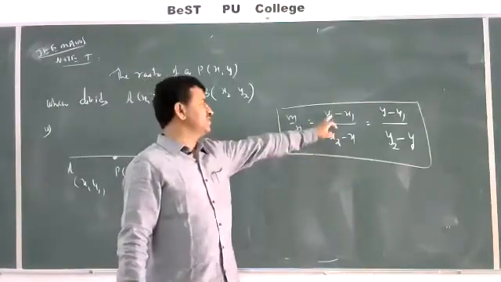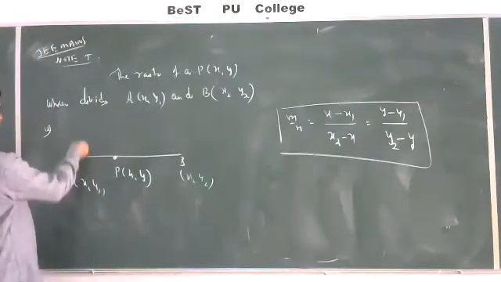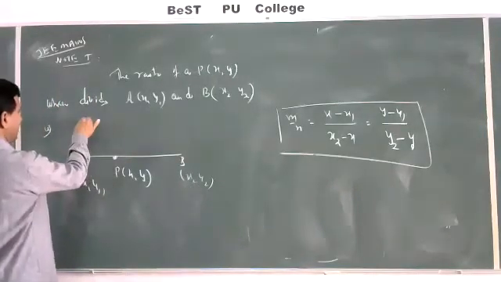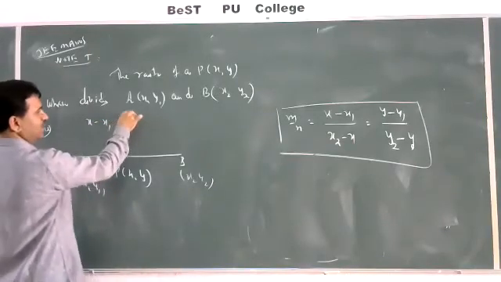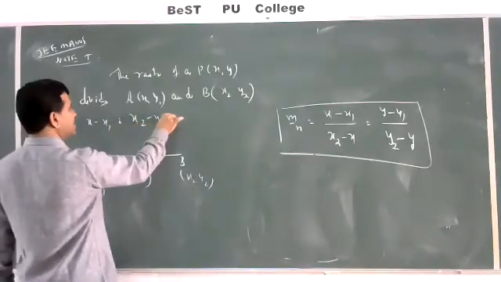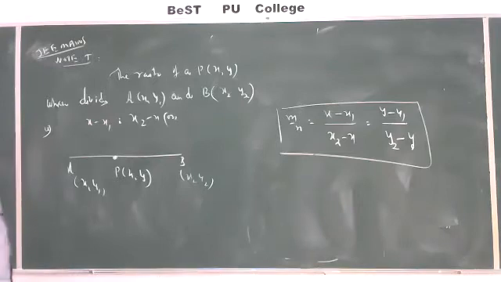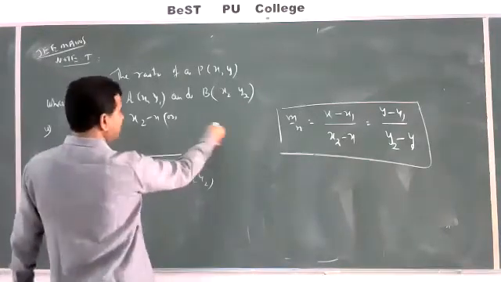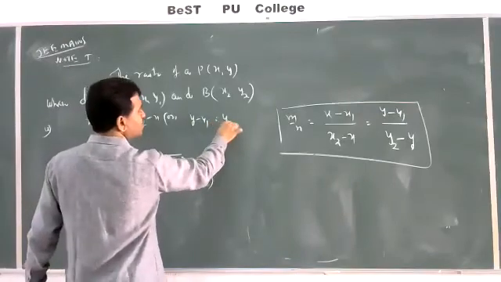m by n is equal to, this is the ratio directly: (x minus x1) is to (x2 minus x). See the use of the proof. Or you can write, you will get the same answer, (y minus y1) is to (y2 minus y).